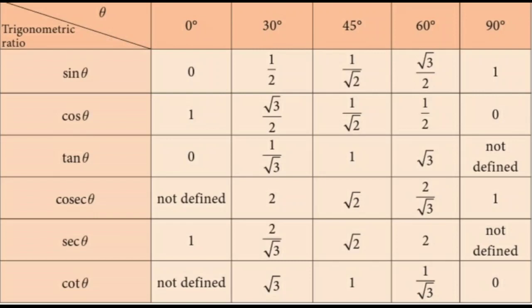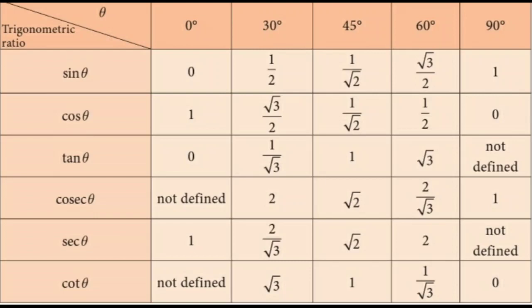Then cot 60 degree, reciprocal of tan 60 degree. And cot 90 degree is equal to 0, reciprocal of tan 90 degree. Tan 90 is not defined, that means 1 by 0. Then reciprocal of 1 by 0 is 0 by 1, which is 0, therefore cot 90 degree is equal to 0. That's all.